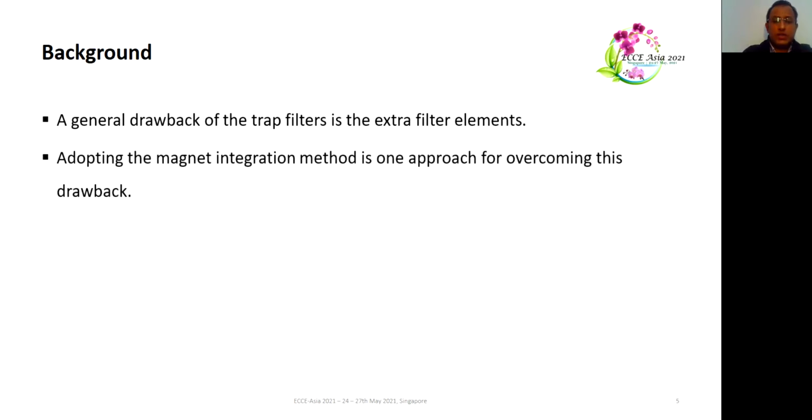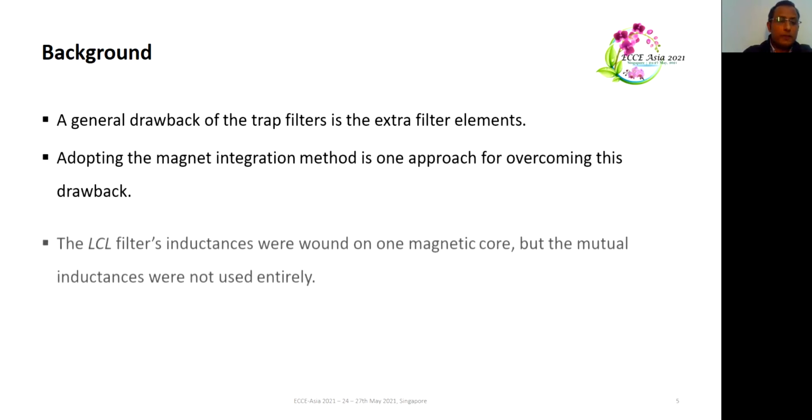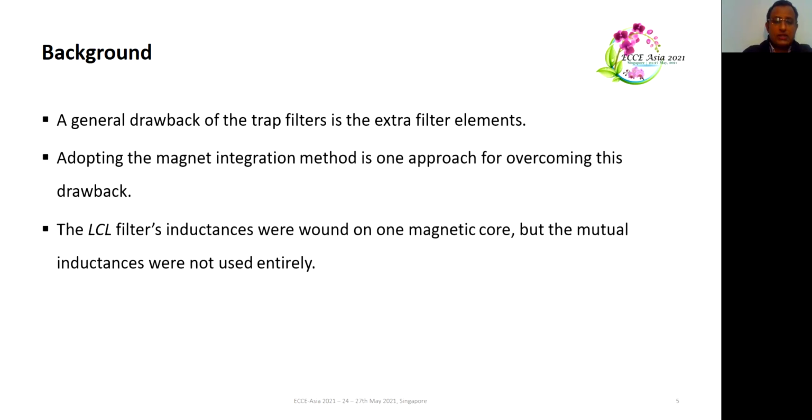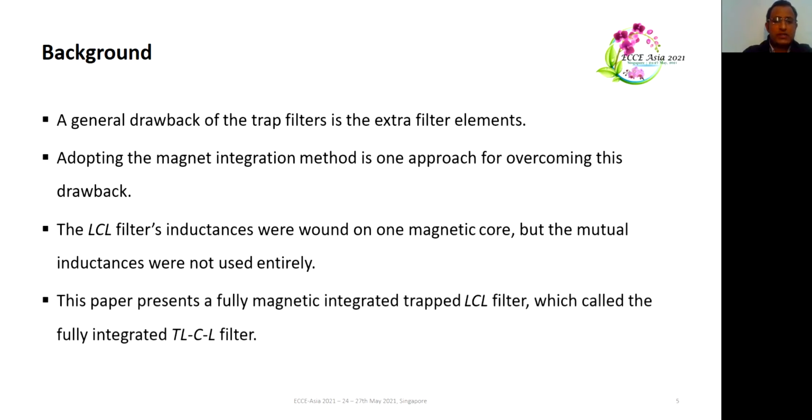Adopting the magnetic integration method is one approach for overcoming this drawback. The LCL filter inductances were wound on one magnetic core, but the mutual inductances were not used entirely. This paper presents a fully integrated trap LCL filter, called the fully integrated TLCL filter.